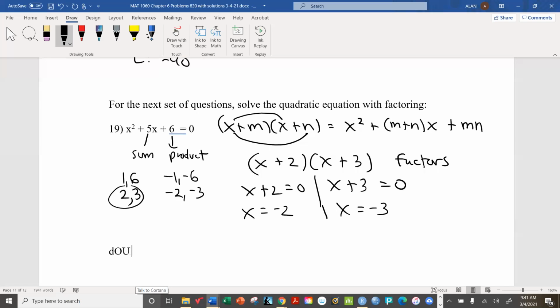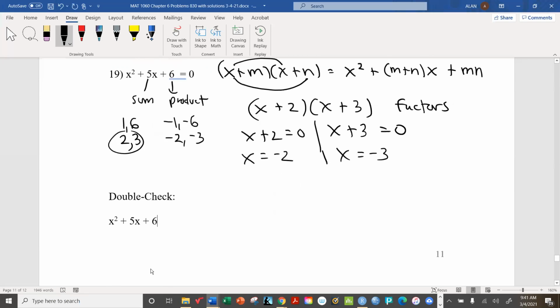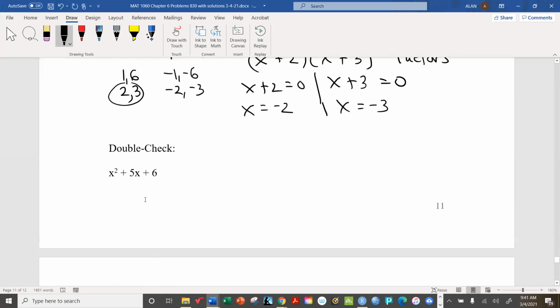Now let's say we decide to double check. Well, that's not the worst idea in the world. So we'll start with x squared plus 5x plus 6. First I'll check it with x equals -2.